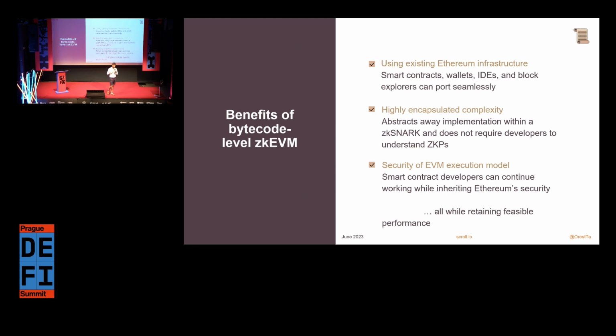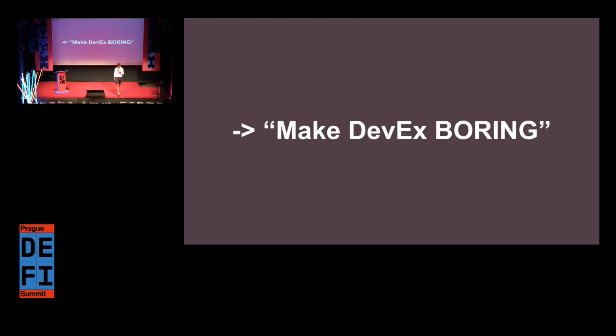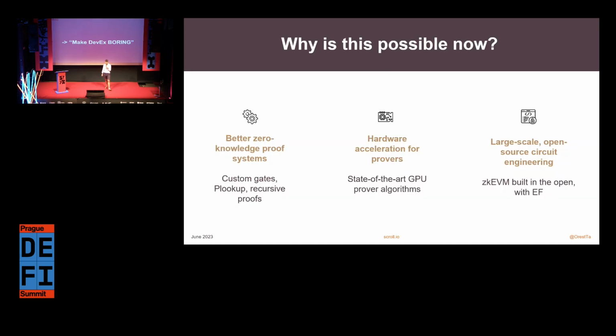This also means that the complexity of zk proofs is encapsulated and abstracted away from you, the developer. And lastly, it means that a lot of the security assumptions can be inherited from the EVM. So the motto here is, let's make DevX boring. Let's make it such that the developer doesn't even notice they aren't developing for Ethereum, but for a rollup.